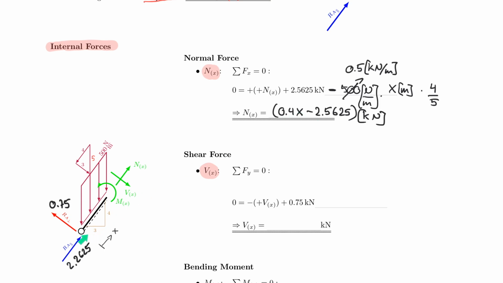Also notice that when I plug in 0 for x, then I will find the support reaction here, or the parallel component, which must be true too. So if I plug in 0 here, then that is true. I actually get a compression force of 2.2625. So that matches.